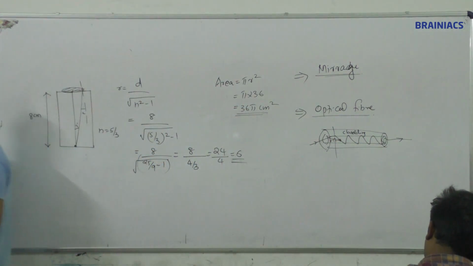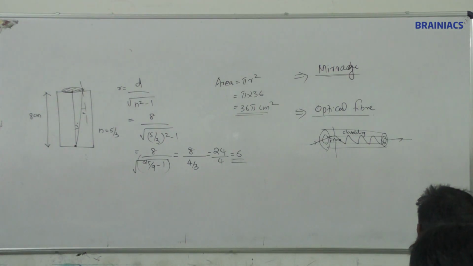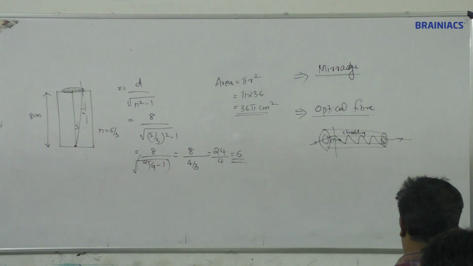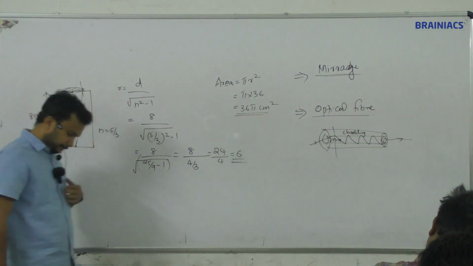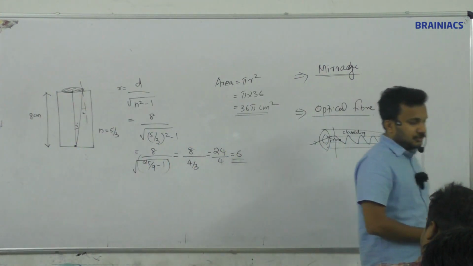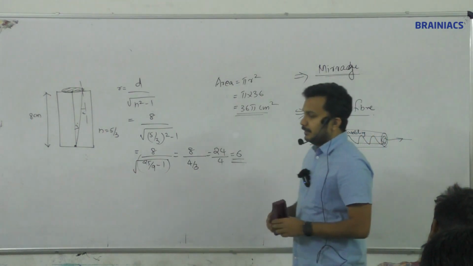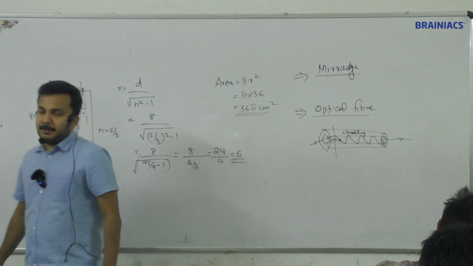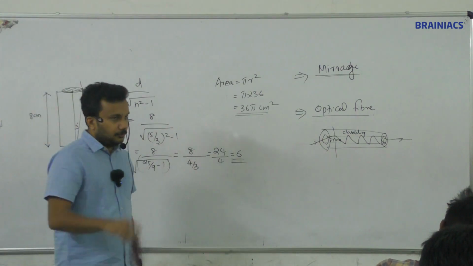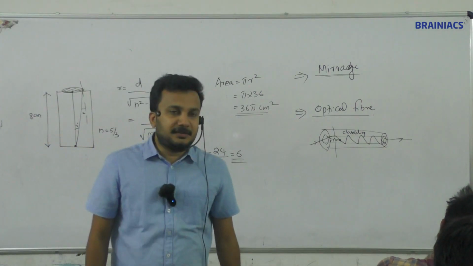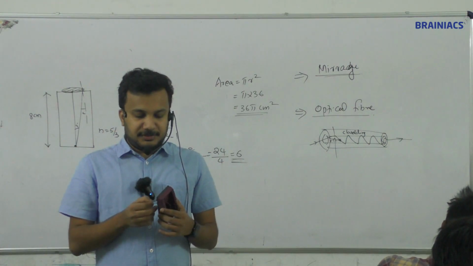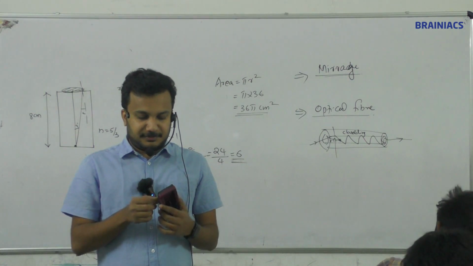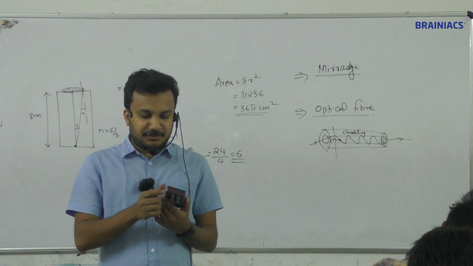So optical fiber is an application of total internal reflection, normally used for audio, video, signal transmission. You are sending videos over WhatsApp, you are sending photos over WhatsApp, right?